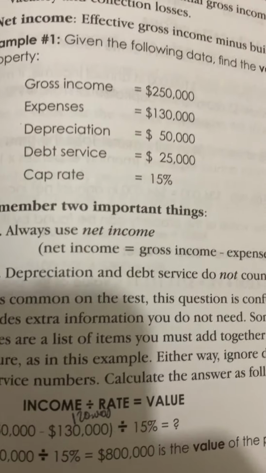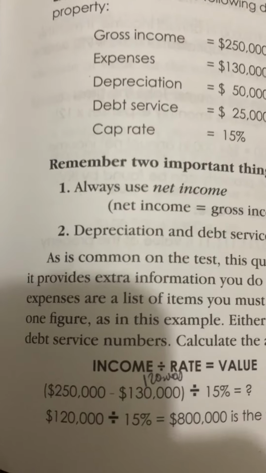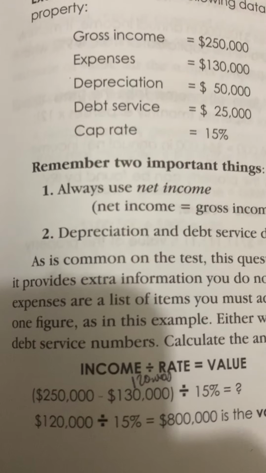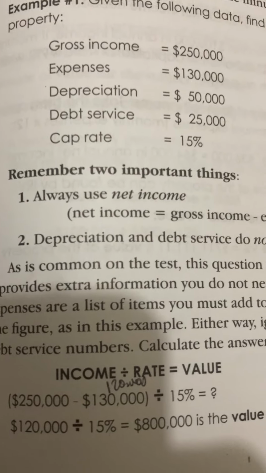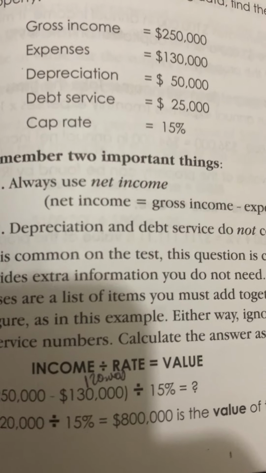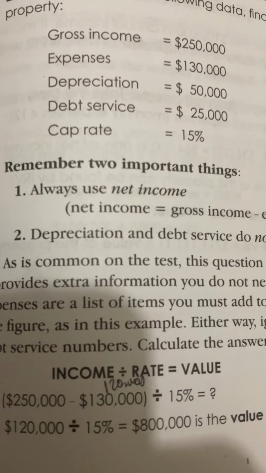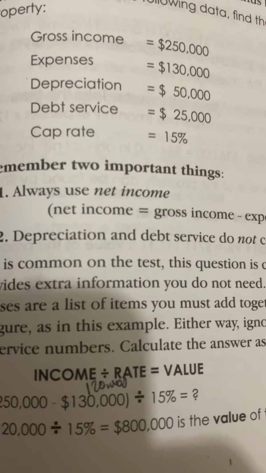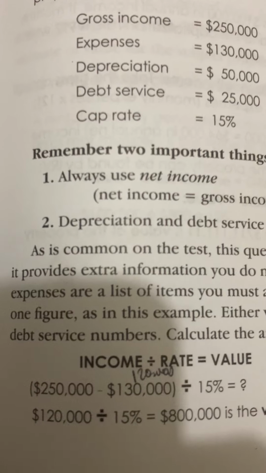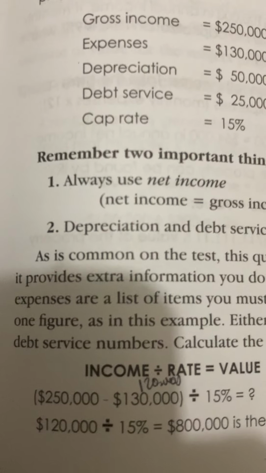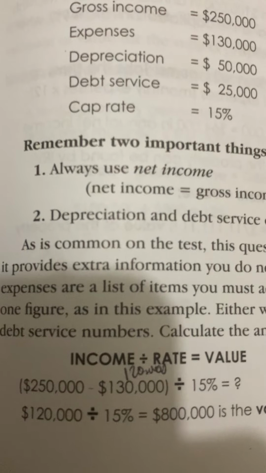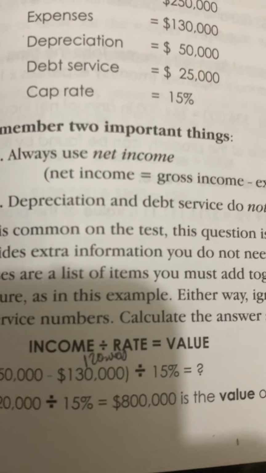Income divided by rate equals value. You've got $250,000 minus $130,000 for expenses, divided by 15%, which was the cap rate. What does it equal? Okay, so $250,000 minus $130,000 equals $120,000, divided by 15%.